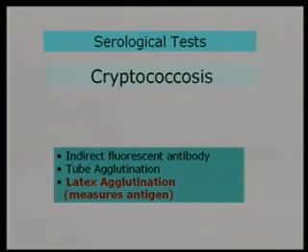The indirect fluorescent antibody is like the fluorescent antibody I showed you the other day, except it's indirect because you put a known antigen on the slide, then you put the patient's serum, and if they react, it fluoresces. A tube agglutination is not used very much. The most important is the latex agglutination test. It measures antigen, and this can be used either on the serum or on the spinal fluid.